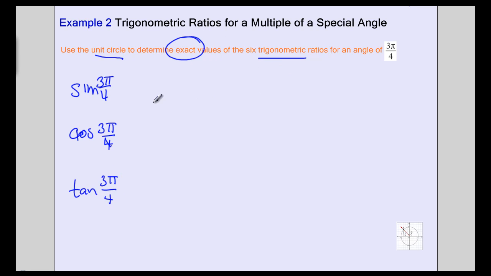The other three are the reciprocals, so cosecant of 3 pi over 4, secant of 3 pi over 4, and cotangent of 3 pi over 4.